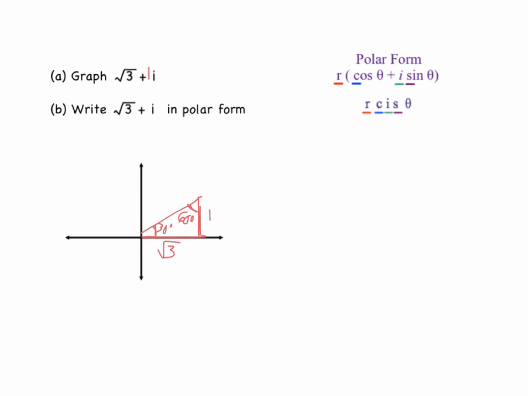And again, you could do this the longer way and do it with r equals the square root of a squared plus b squared, and then theta equals the inverse tangent of b over a. But we don't really need to do that. The shorter leg here is 1, so the hypotenuse would be 1 times 2, which is 2.